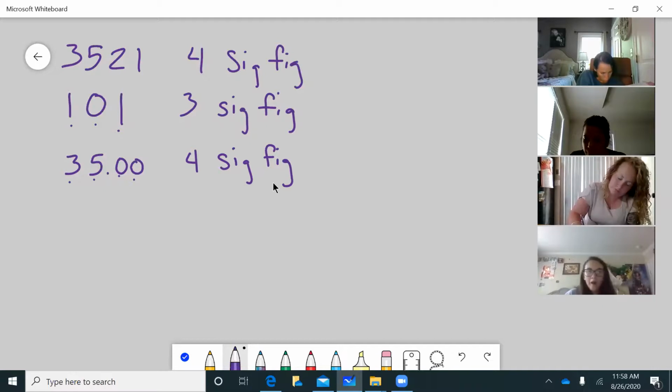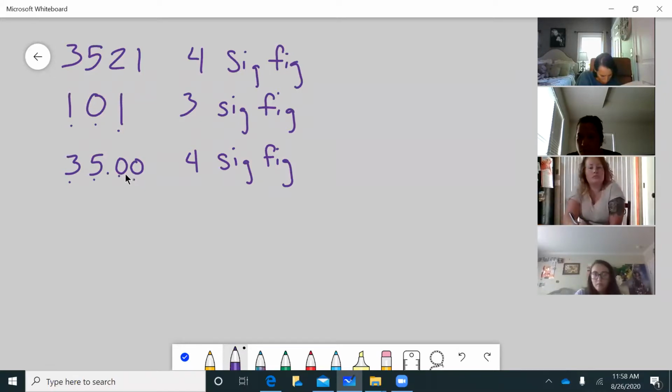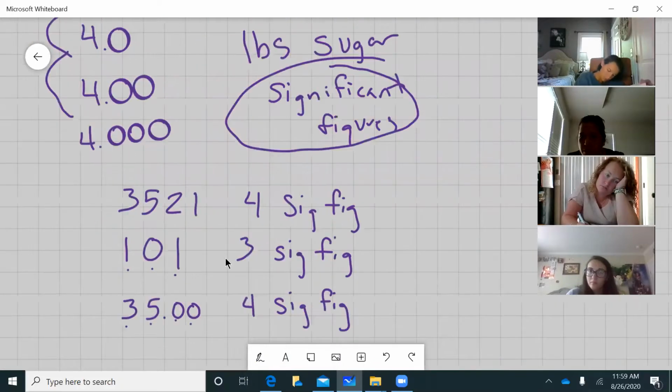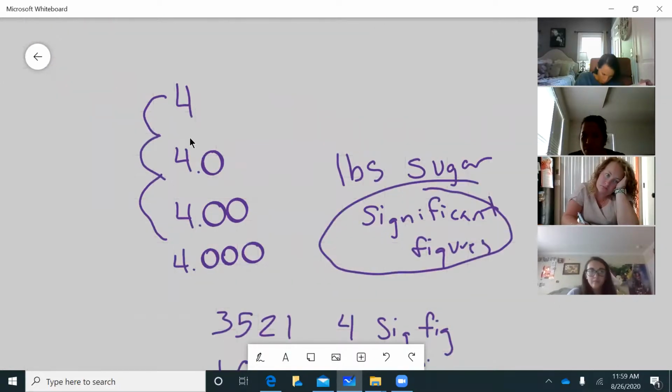Scientists are lazy people, so they're never going to write 35.00 unless they have to include those zeros. Otherwise, they would just write 35. So when they put the zeros in on the end, they're putting them in because that's how precise they are. They're saying, hey, the scale that I had was precise to the hundredths place. So if we go back up to the 4444 thing here, this first number has 1 significant figure.